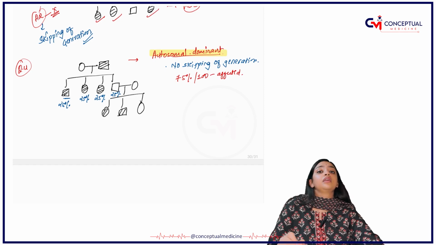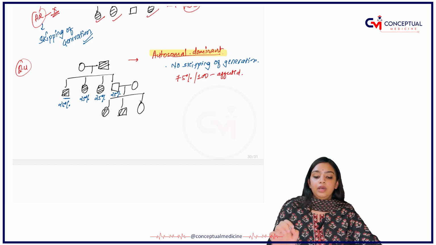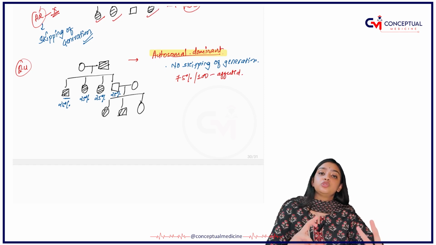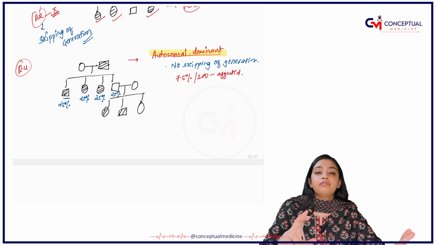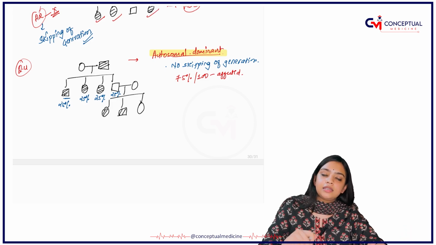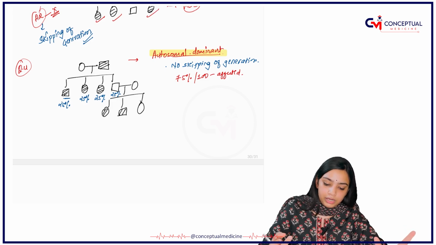This means it is a case of autosomal dominant, and there is no skipping of generation and no gender bias. So that's why I'm very confident that this is a case of autosomal dominant.